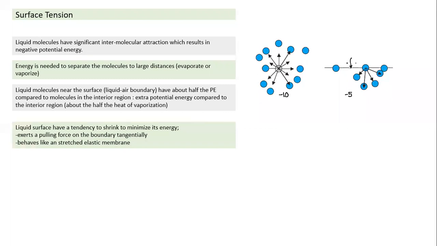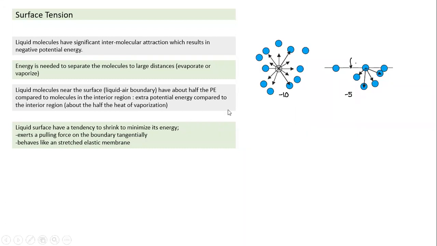Without going into too much detail, what we understand here, if we look from the energy angle, is that it's a natural tendency for any object to minimize its energy state, so minimize its potential energy. Since in case of a liquid, energy is proportional to surface area, the liquid surface has a tendency to shrink, to minimize the energy.